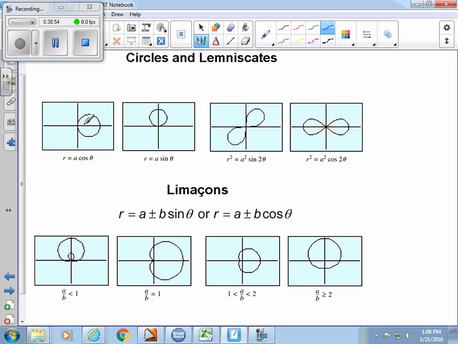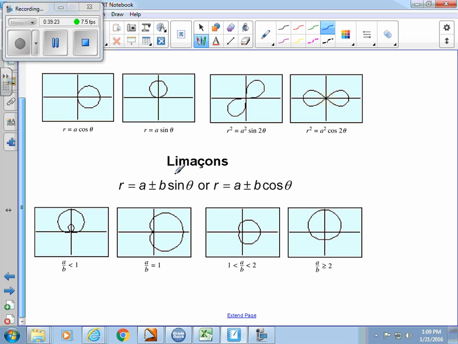A cosine theta is a circle to the right or left, depending on A. A sine of theta is a circle centered above or below. A squared sine of 2 theta equals R squared is a lemniscate that is a diagonal. A squared cosine 2 theta is a lemniscate that looks like an infinity symbol.